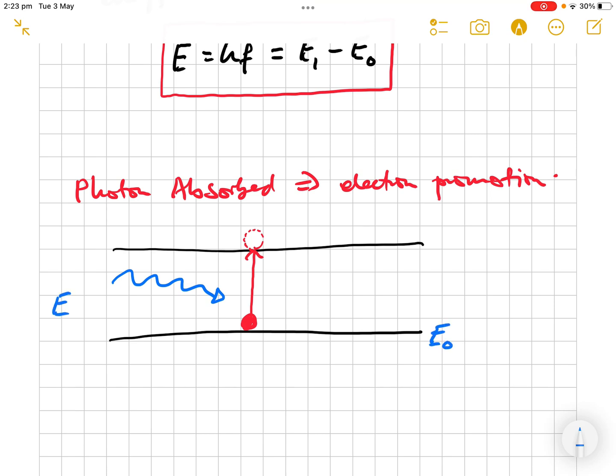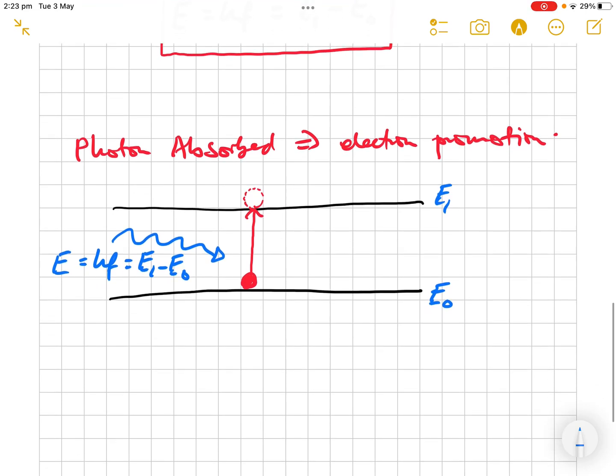So your incoming photon there would have energy hf, which would have to equal E1 minus E0. And if that incoming photon has precisely the energy difference between the two levels, that energy is given to the electron, which promotes it. And this is what happens and leads to absorption spectra.